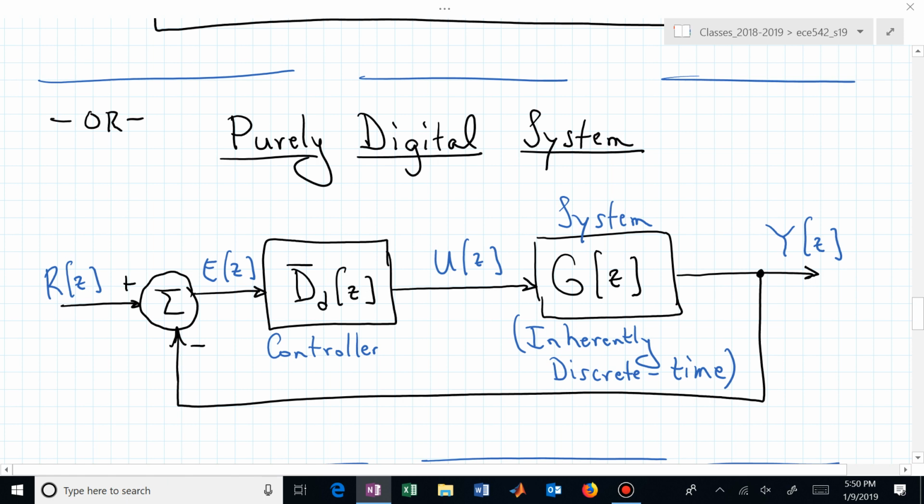We can just directly interface these sequences of numbers, and we now need to design this controller, capital D sub D of Z. That's what we're interested in this particular course.